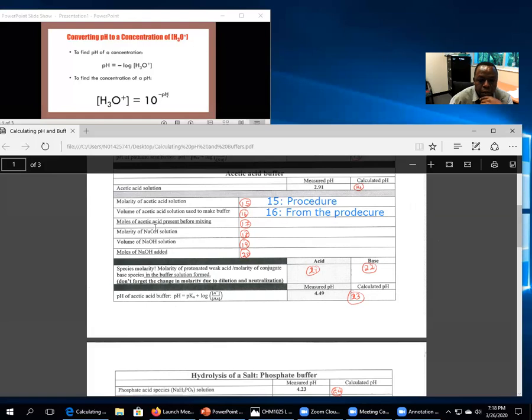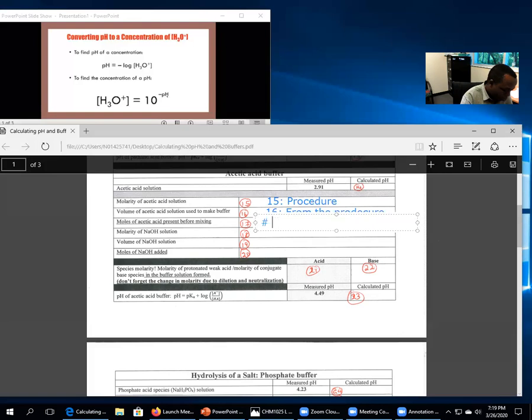Now, for number 17, remember before mixing, you are dealing with acetic acid alone. How do you find the number of moles of acetic acid alone?